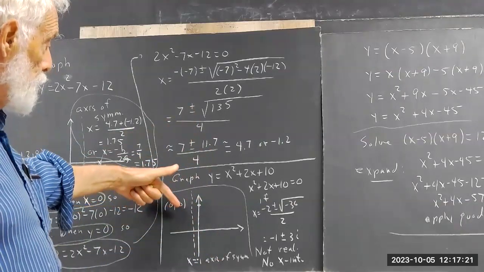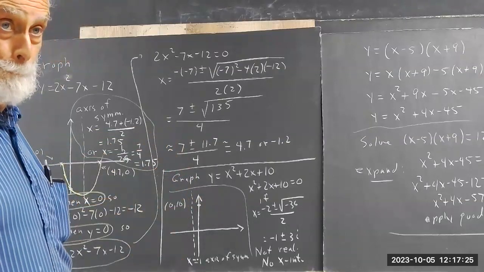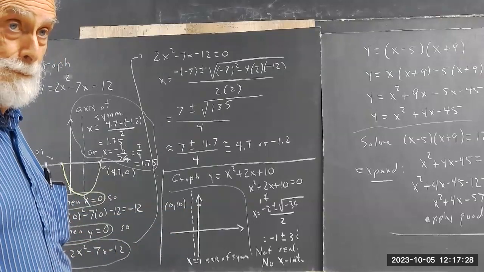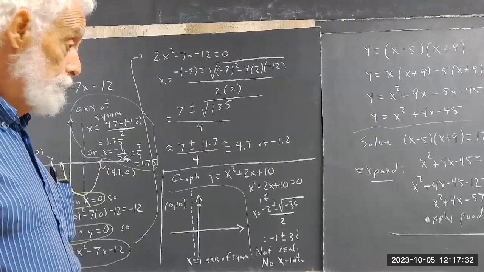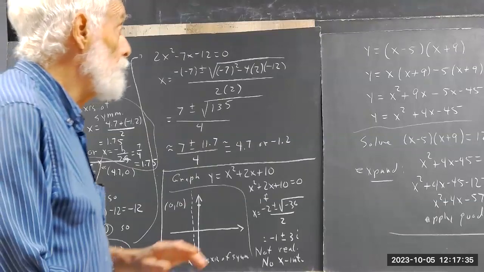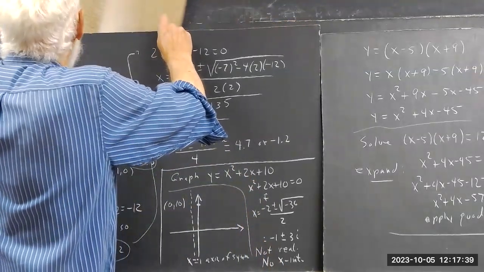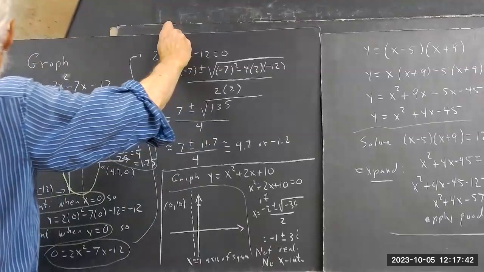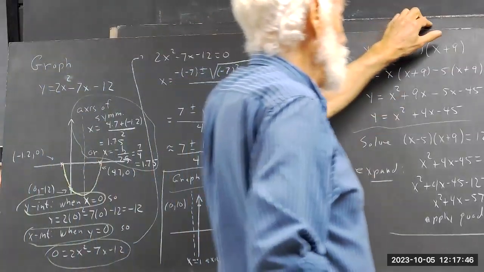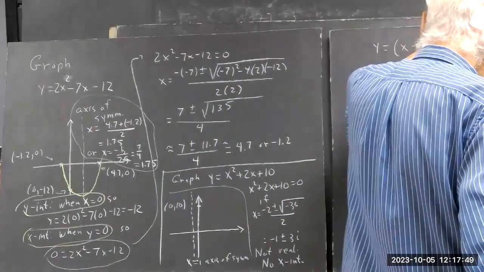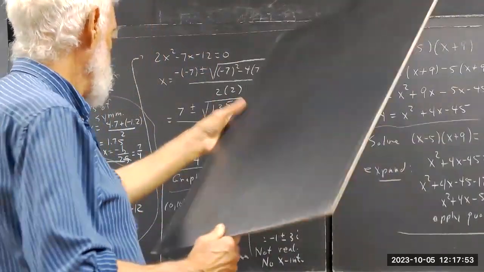It hits the axis of symmetry somewhere. But where? Well, let's show it on board space. Unfortunately, I can't always plan what I'm going to write because it depends on what you show me that you understand and adapt the process.